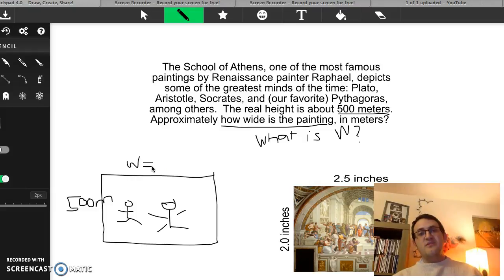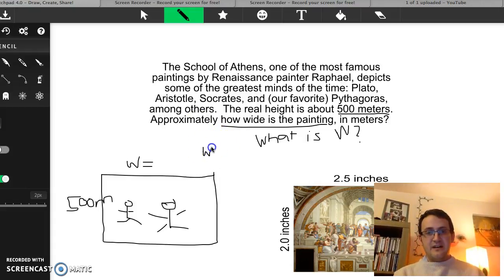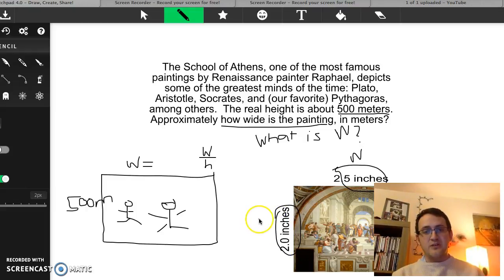We need to be asking, what are we comparing? So we're comparing width to height. So I'm going to say W over H. And in my replica, my 2.5 is my W, and my H is 2.